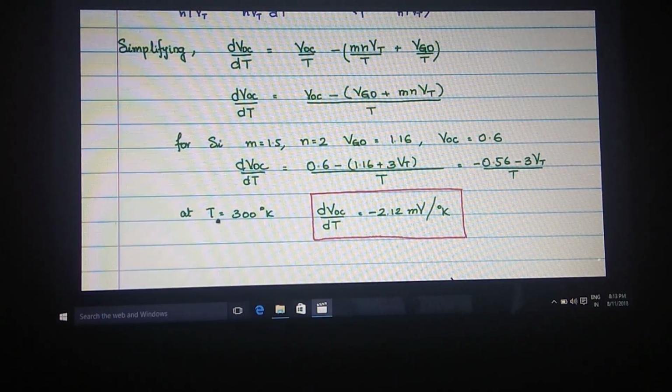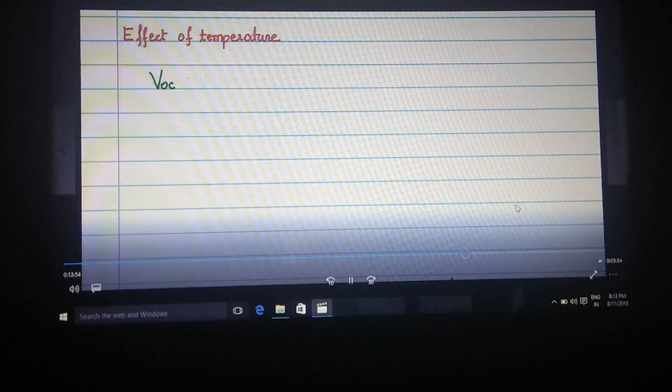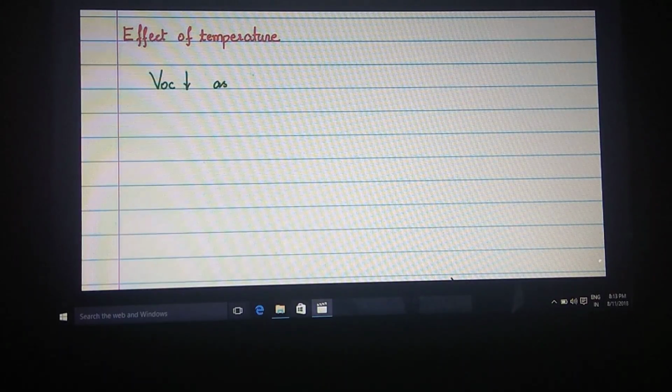And for a temperature of 300 degree Kelvin, the rate at which VOC changes is minus 2.12 millivolt per degree Kelvin, which means that for every degree rise in temperature, open circuit voltage falls by approximately 2 millivolts. Therefore, in the case of VOC, we see that VOC will decrease as temperature increases.